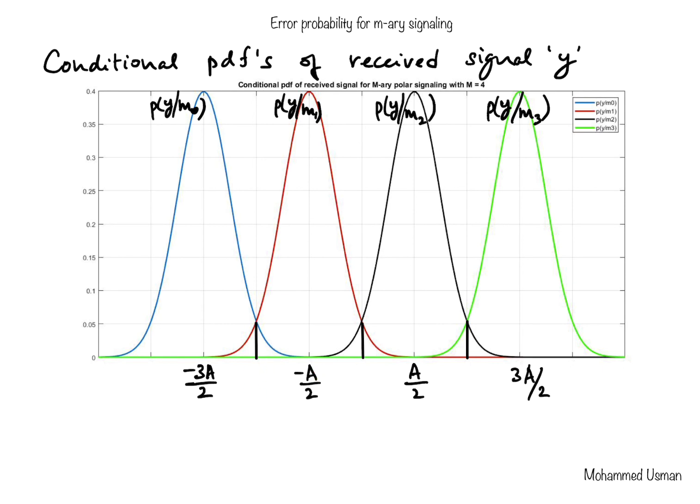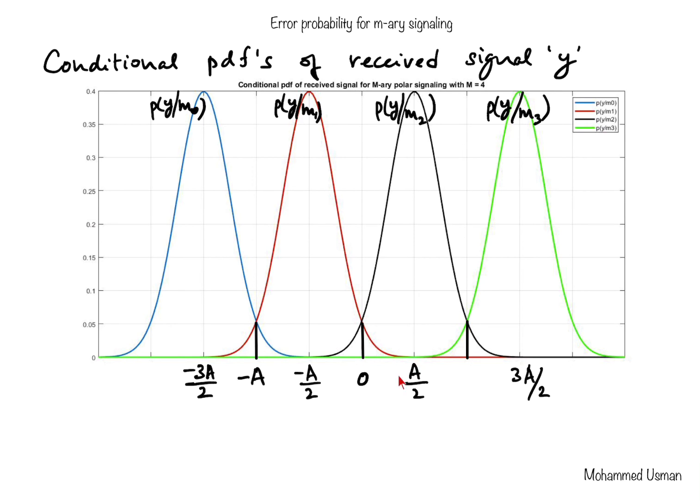So that would be exactly at minus A. So the midpoint between minus 3A by 2 and minus A by 2 is minus A. The midpoint between minus A by 2 and plus A by 2 would be 0. So that's by the symmetric nature of the Gaussian PDF, that the intersection of these two adjacent PDFs will happen exactly midway between their mean values.